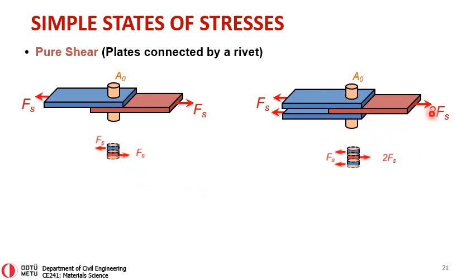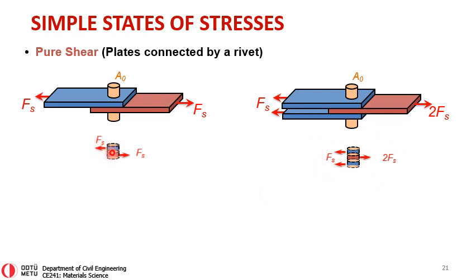Again, for this plate, if you take the rivet out, you will see that this is a double shear force, what I mean is that you are pulling this part by force Fs towards the left, the bottom Fs towards the left, and in the middle you are pulling with two shearing forces because it's in equilibrium, remember.